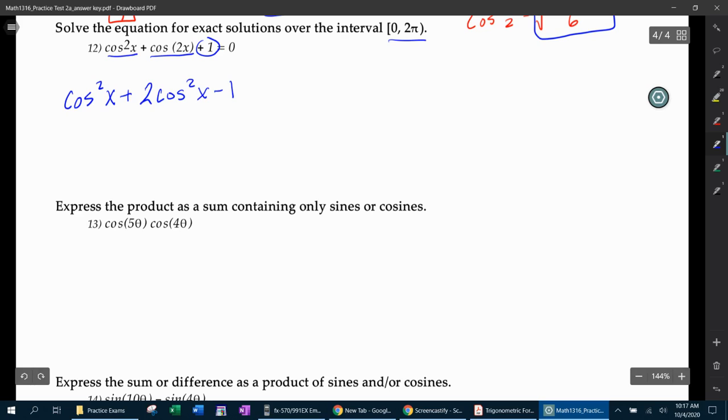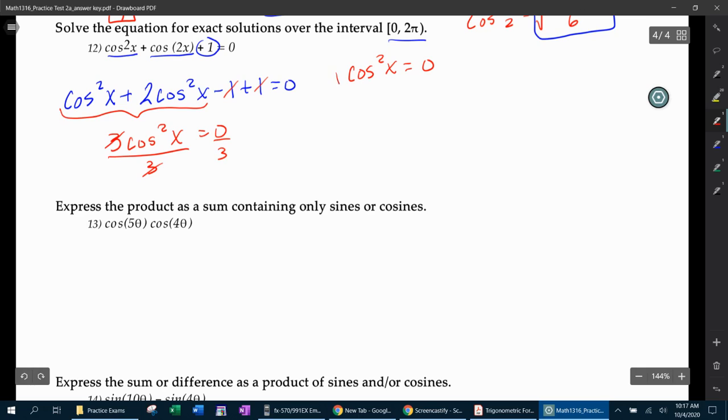Oh, and don't forget about your plus 1 that's already there. And then if I combine like terms, that's going to be 3 cosine squared x. Negative 1 plus 1 cancel. Divide both sides by 3. Gives me cosine squared x equal to 0.